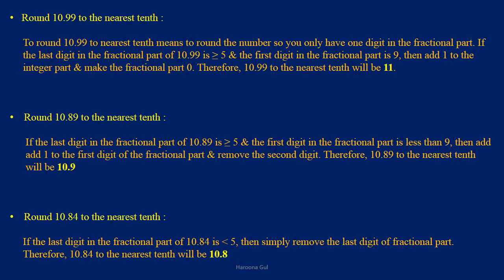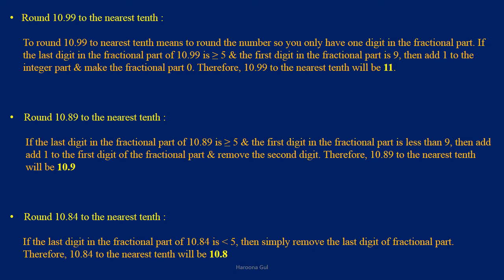The last part of our video contains properties of numbers that are rounded off to the nearest tenth. Now there are 3 scenarios in which we can round off a number to the nearest tenth. The first scenario is when you have a number like 10.99.